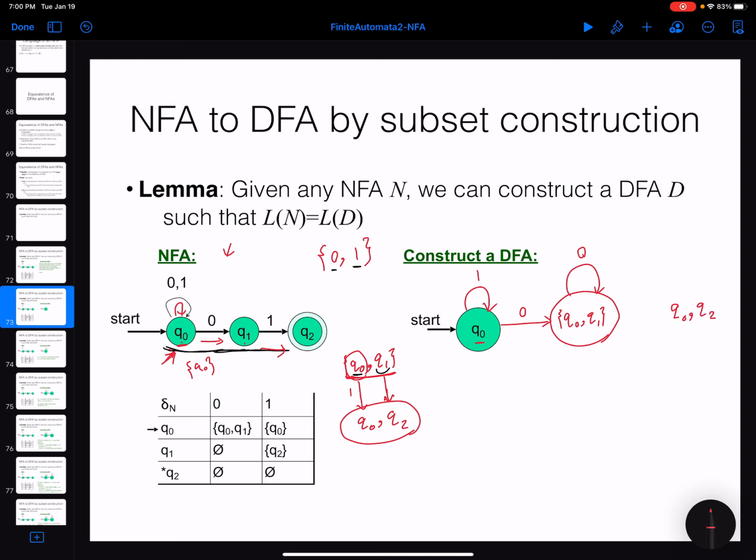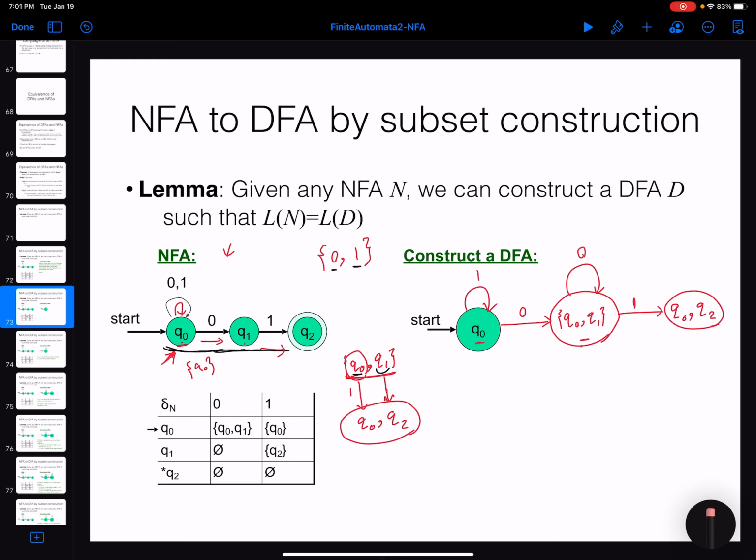You can see that this is different from this situation. So I will create a state for that, and I am going to add this transition with the symbol 1. So I'm done with all the transitions for this state.